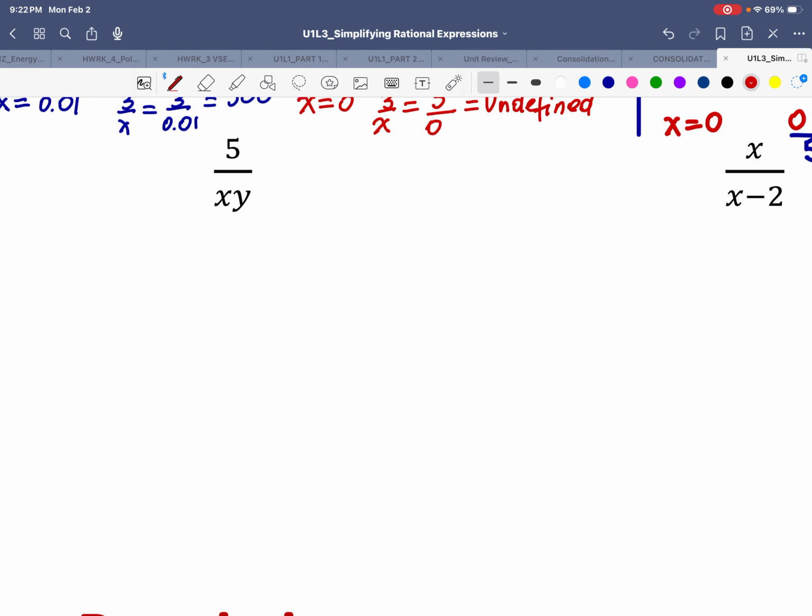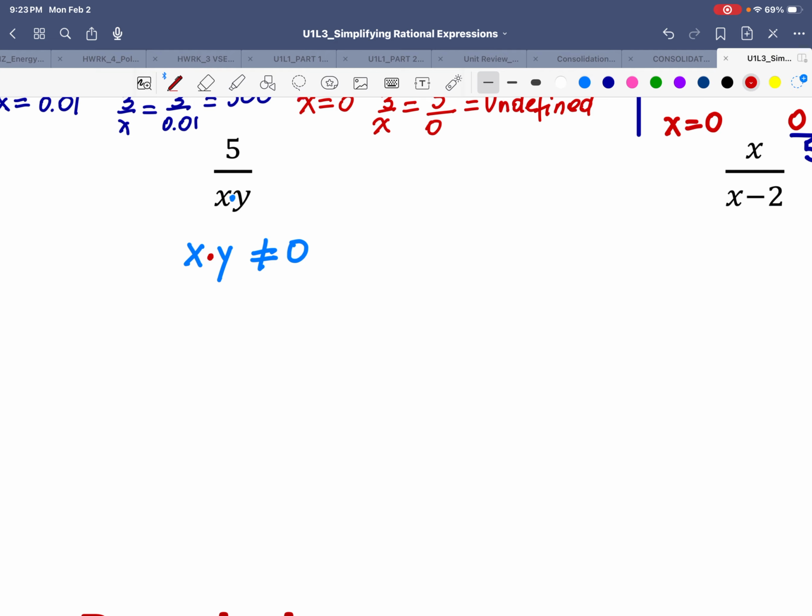Now, the next example is a little bit different. In this case, we have not just one, but 2 variables. You know that in multiplication, if one of the factors is equal to 0, then the entire product will be 0. Remember, these are factors in the denominator. So we're going to say that xy has to be different than 0.